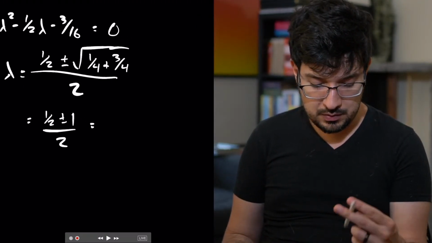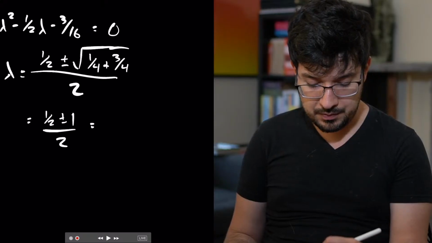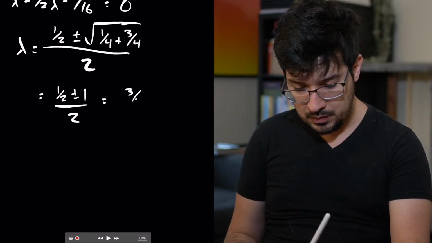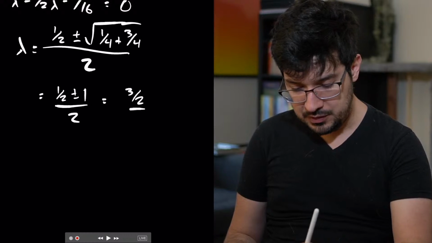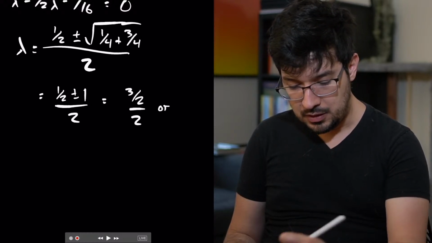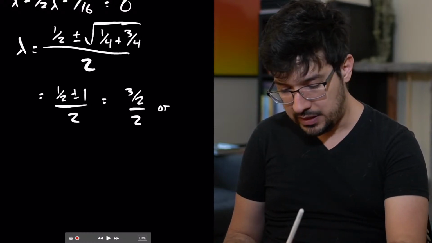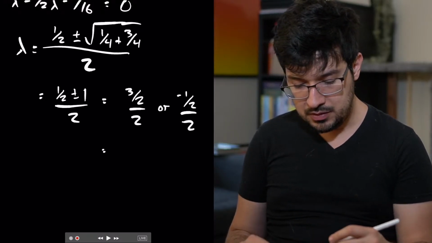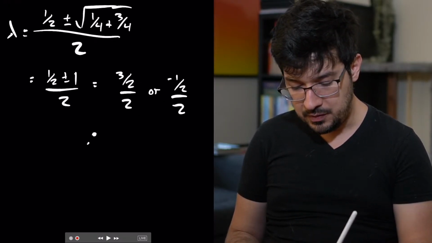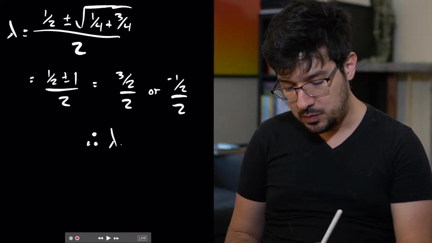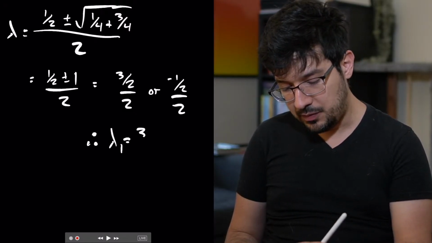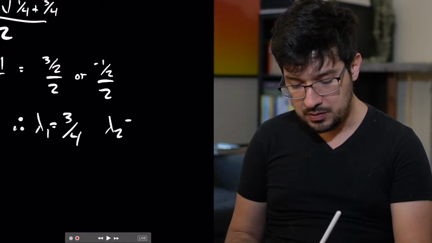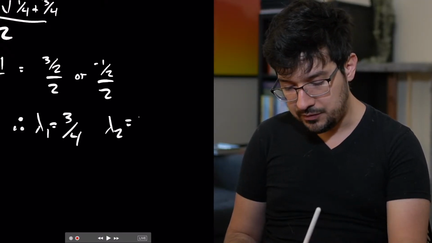And this is 3/2 over 2, or negative 1/2 over 2. So therefore, lambda 1 is 3/4, and lambda 2 is negative 1/4.